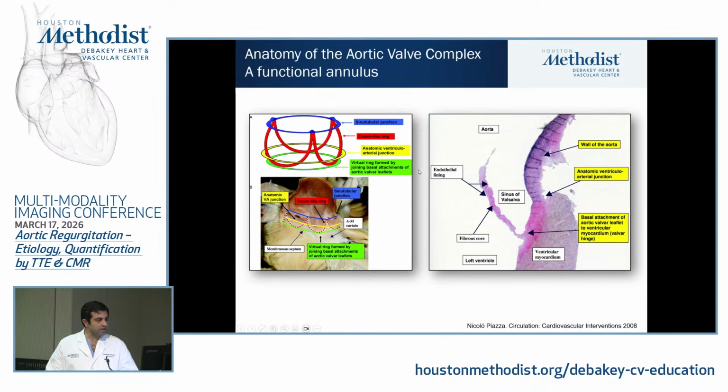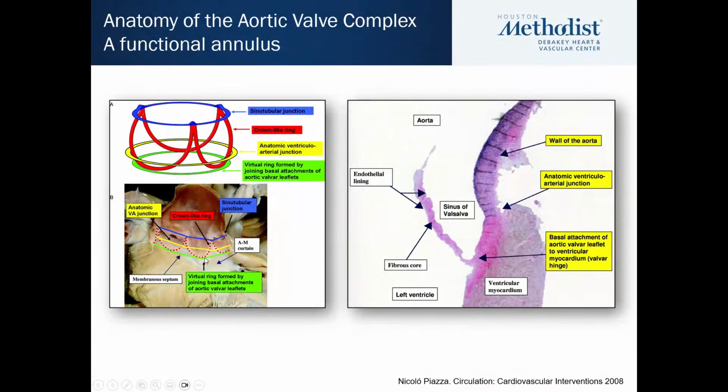When looking at the anatomy of the aortic valve, particularly as it relates to aortic regurgitation, as you all know, the aortic annulus is this virtual ring that's not a specific anatomical structure, but it's at the basal insertion point, or that virtual circle that gets at the insertion of the leaflets. And then the actual junction between the aorta and the crest of the ventricle is higher up, actually above the insertion of the leaflet.